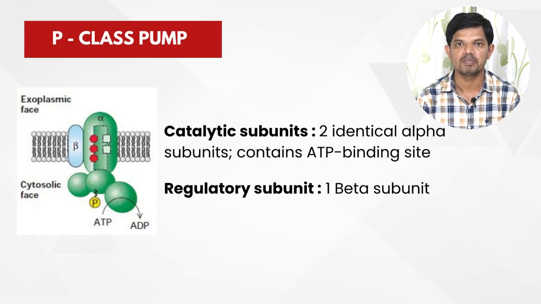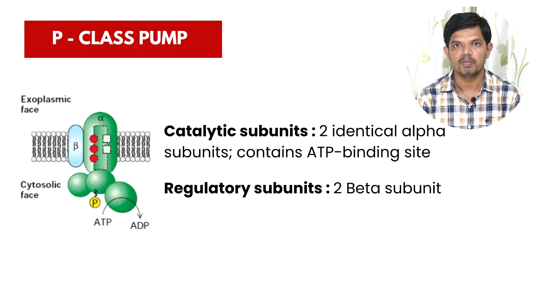All P-class ion pumps possess two identical catalytic alpha subunits that contain an ATP binding site. Most also have two smaller beta subunits that usually have a regulatory function. This class includes the sodium-potassium ATPase in the plasma membrane. It maintains the low cytosolic sodium and high cytosolic potassium concentration in a typical animal cell.